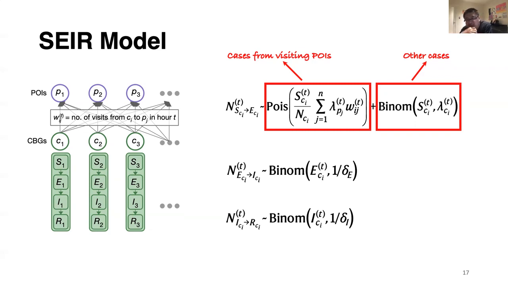The number of new exposures among all outgoing visitors from CBG C_i is therefore distributed as the sum of the expression over all the POIs. So that's basically how they leverage the mobility network in the SEIR model.